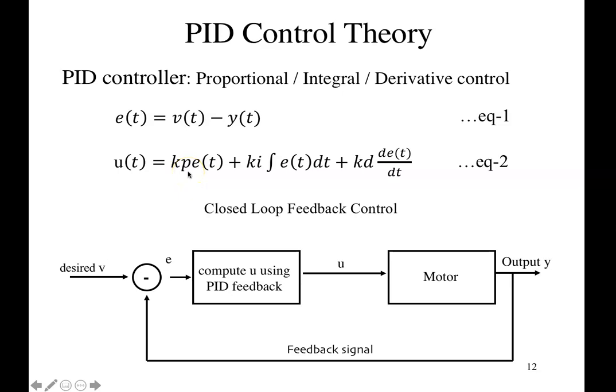It's how much you multiply the control error by. So if the error goes up, the control output also goes up. If the error comes down, the control output goes down as well.